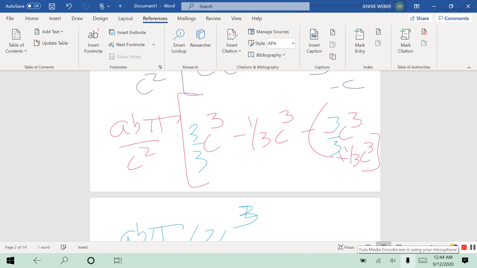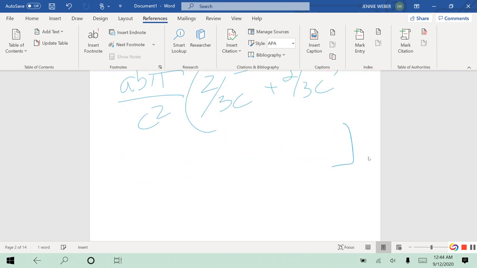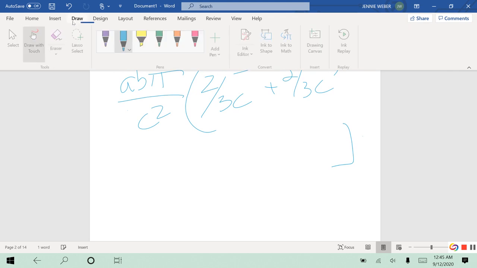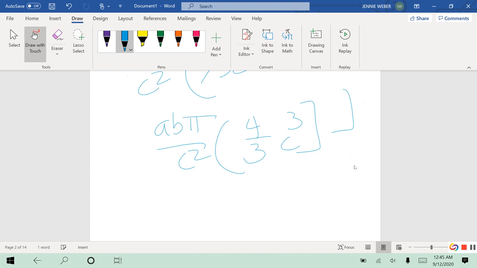So this is going to be negative 2/3, but then with that, I'm going to change my signs, 2/3 c to the third. So this simplifies down to ab pi over c squared 4/3, because I'm adding them, c to the third. I don't know why I decided one parenthesis and one bracket, but why not?